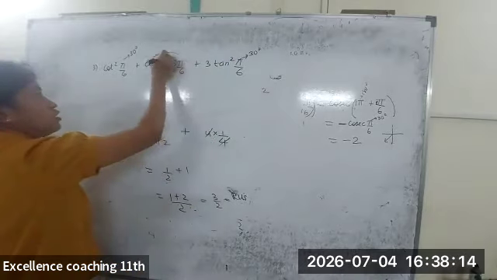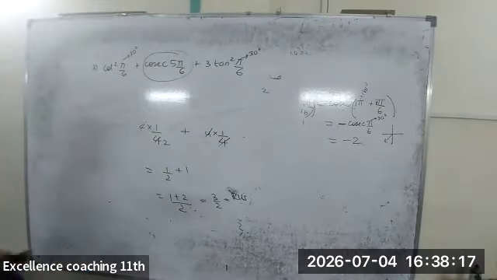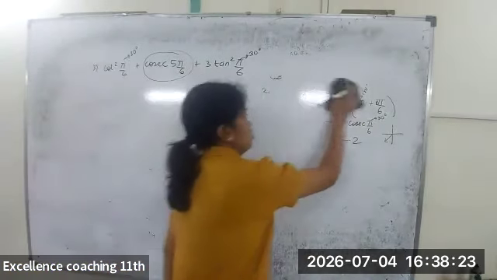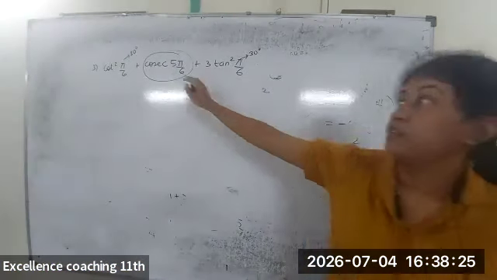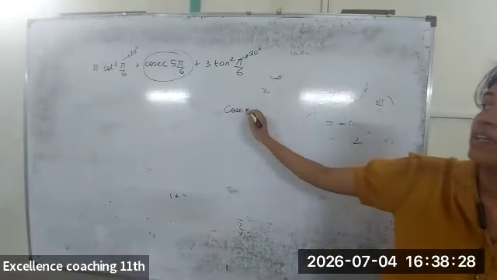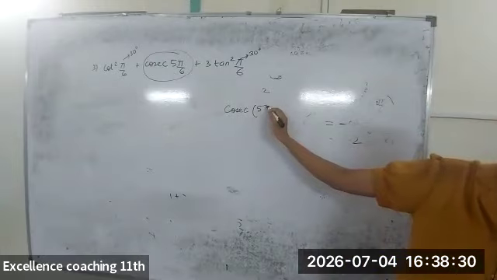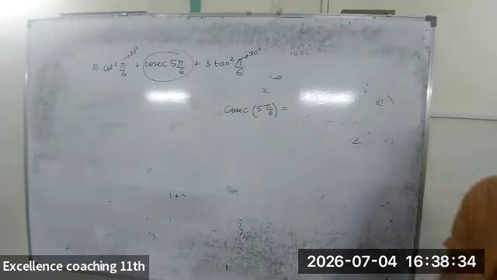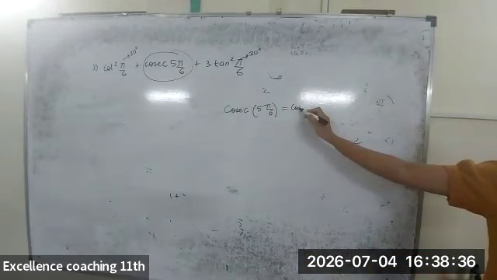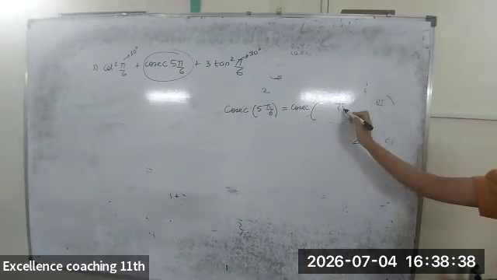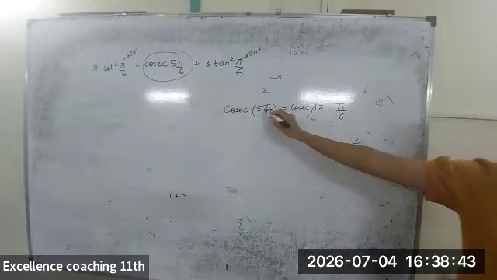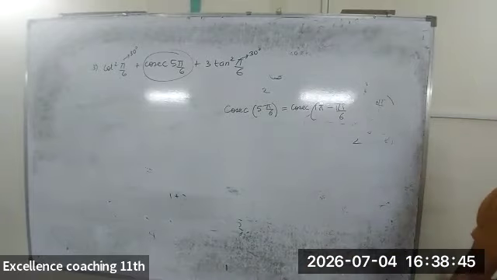These are standard. Now this one is different. To find the value of this, we need cosec of 5 pi by 6. So split the angle. The main angle is pi by 6. 6 ones are 6. Now I need 5, so I'll have to minus.